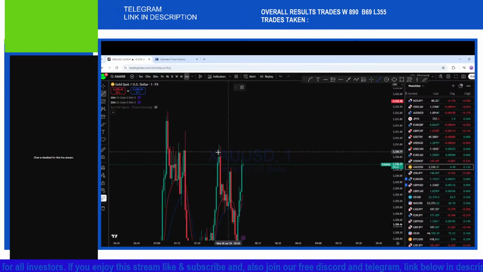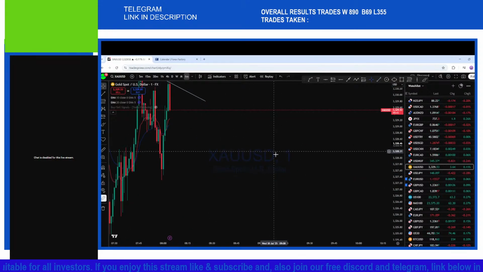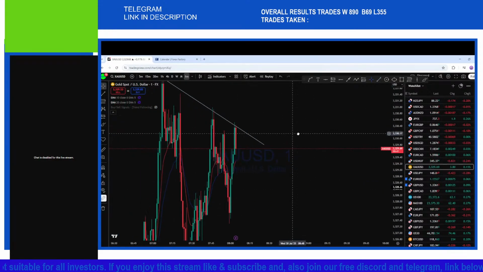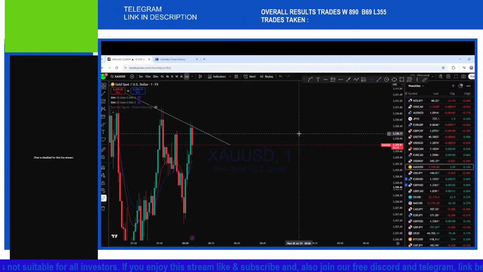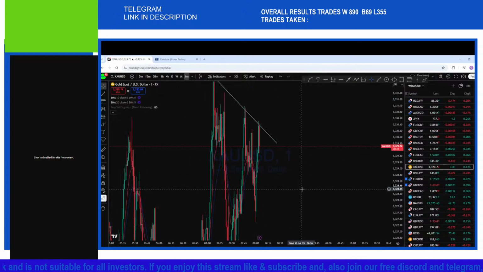This is the resistance here in this area, which, as I mentioned earlier, from the resistance you can see that rejection coming potentially to the lower time frame.